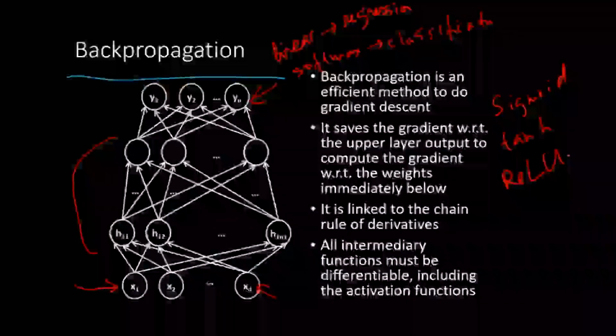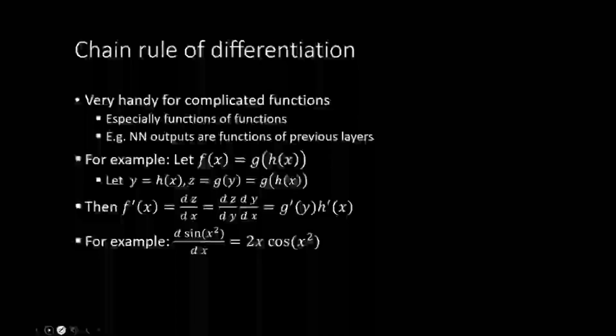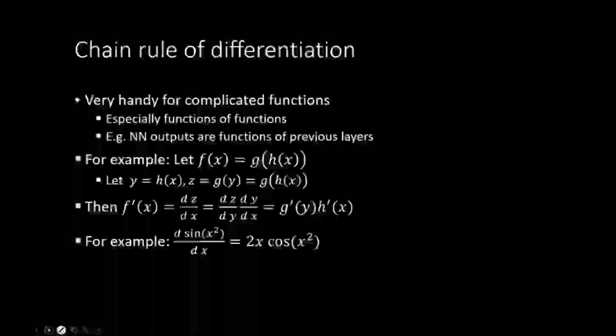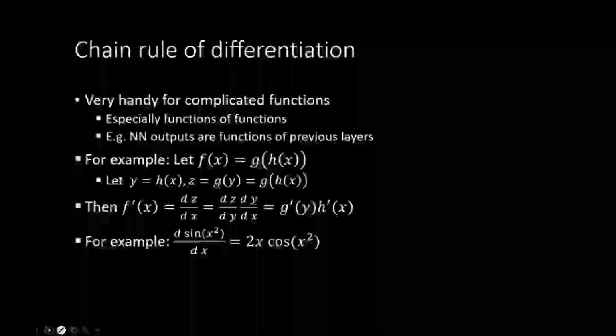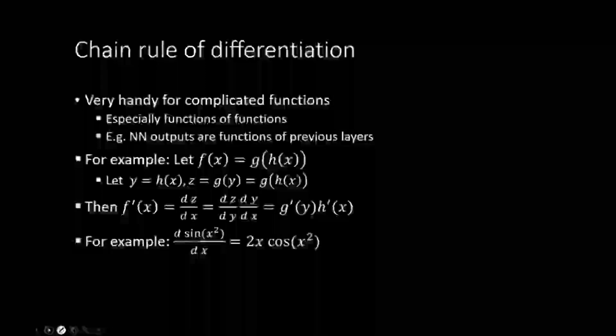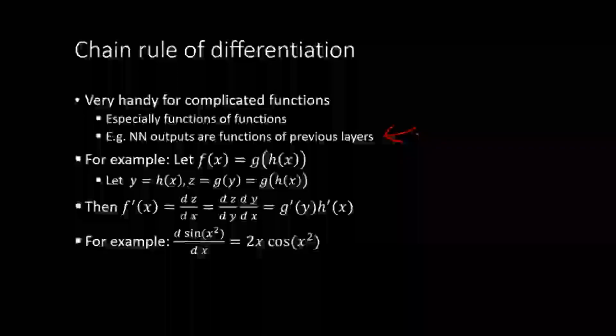Now let's look at how this backpropagation algorithm works. Basically, it is based on the chain rule of differentiation. If you have functions nested inside functions, then it is handy to use the chain rule. For example, the layers of a neural network are functions of a function.